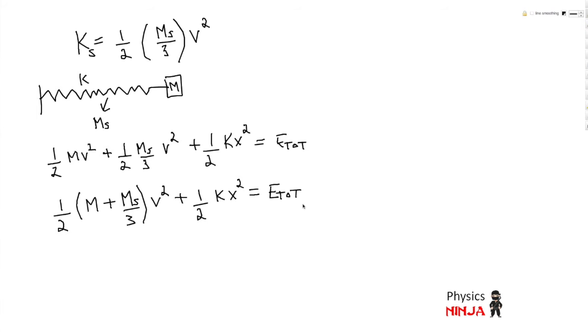You can see that when we add the mass of the spring, the only change is the contribution over here in this term. But we can just deal with this exactly the same as what we did previously.